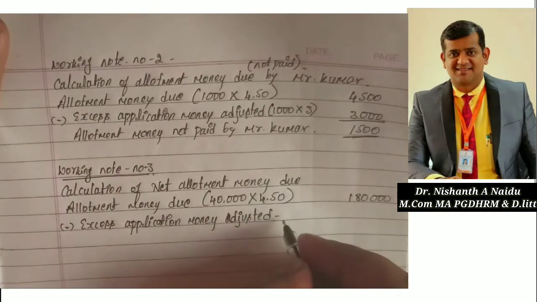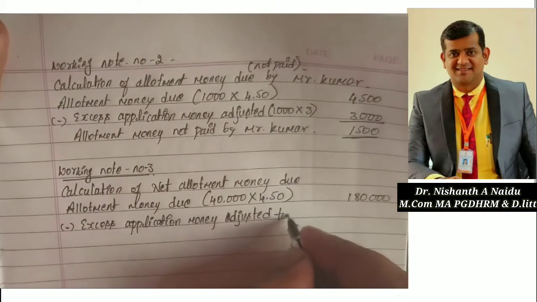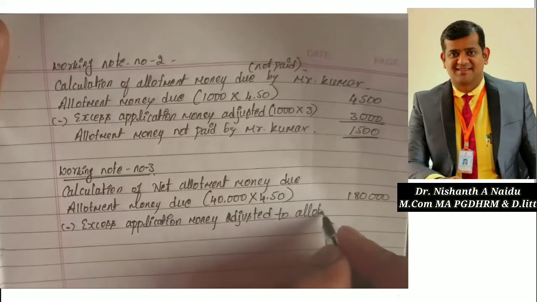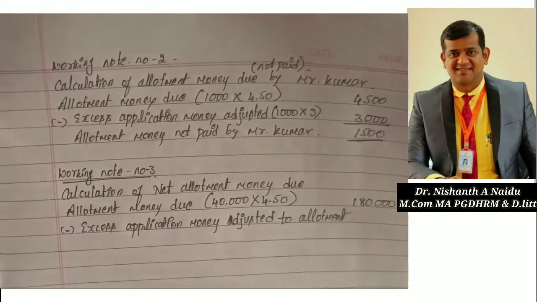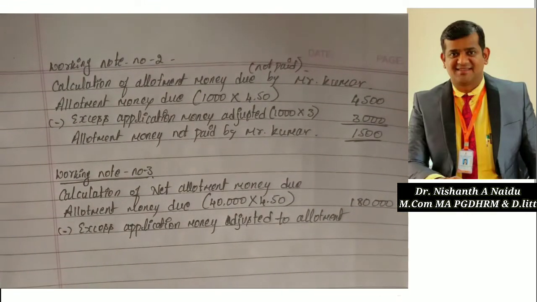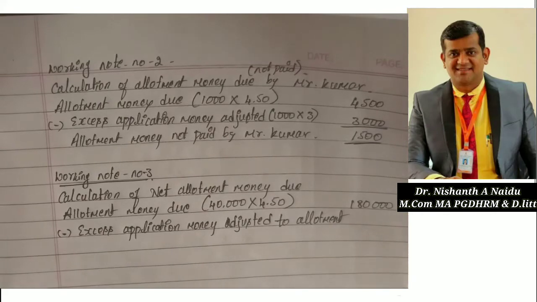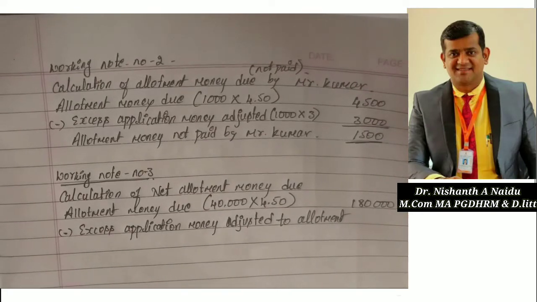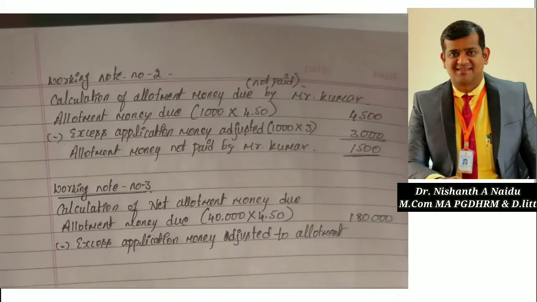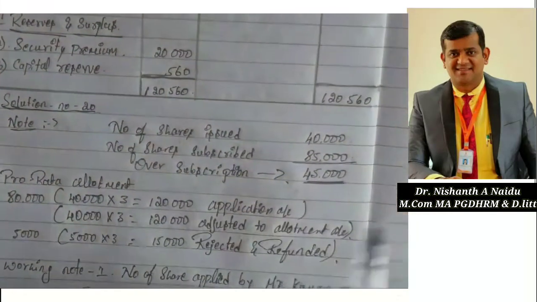Excess application money adjusted to allotment, completely, so that we don't get confusion. See, the total number of applications we have received is 80,000. So out of 40,000 we are using for capital purpose, and 40,000 share application money we are transferring to the allotment. So that we have done in the pro rata allotment working notes here.